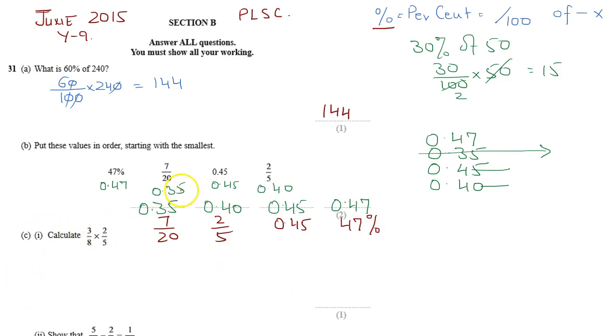Now part C. Calculate 3 over 8 multiply 2 over 5. This is 3, not 2.